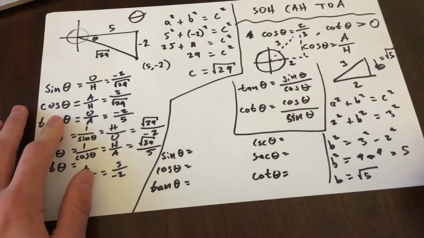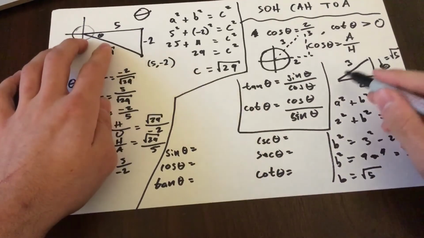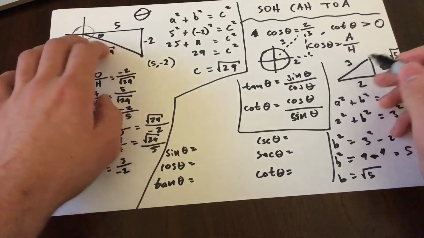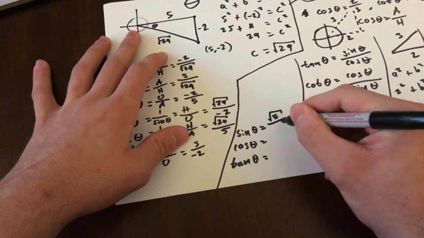We start off with sine theta as opposite over hypotenuse. Opposite is b, or square root of 5. Hypotenuse we know is 3. So sine theta is square root of 5 over 3.